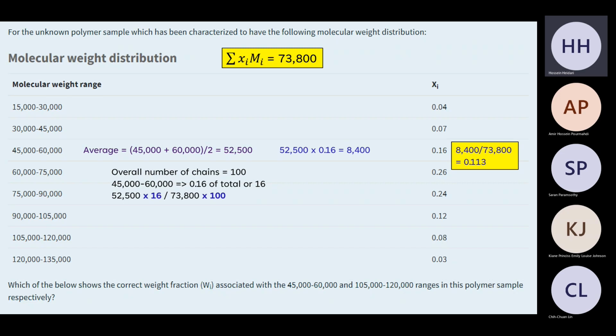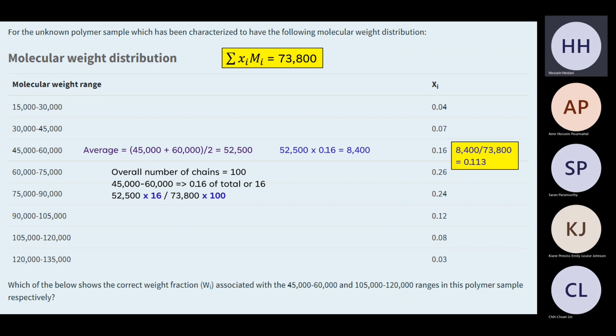It's 73,800, the number average on the weight. It's the number average that we calculated a little bit ago. Because it was a number average, that's why I used it to find the overall weight. I multiplied it by the number.